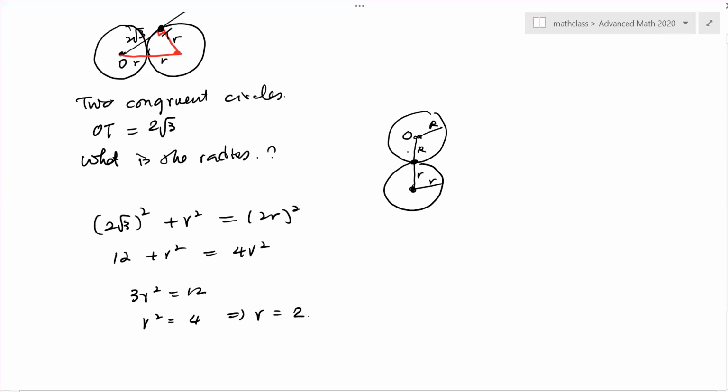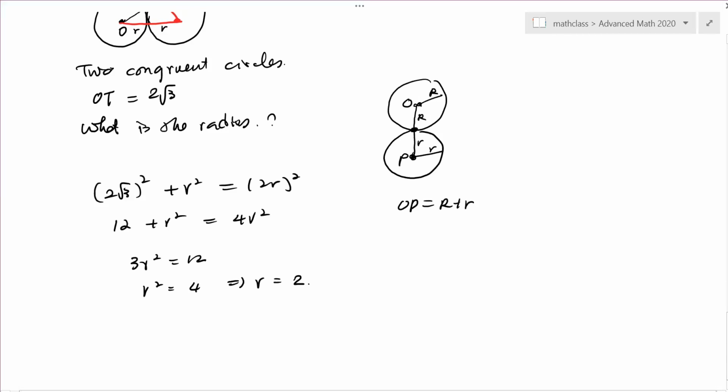This is OP, right? So OP is going to be capital R plus little r. That's it. So whether you choose the small circle or the larger circle, it doesn't matter. Even with a giant circle, if you connect those two centers, it must go through the tangent point of those two circles.